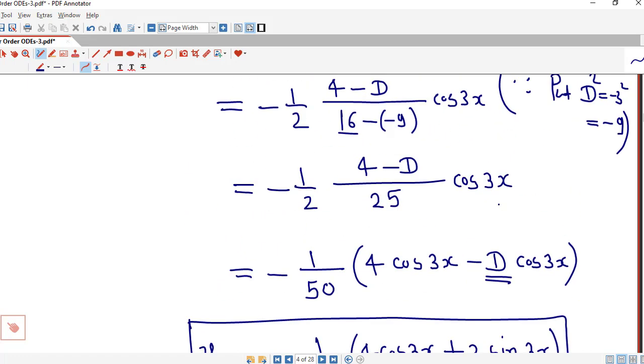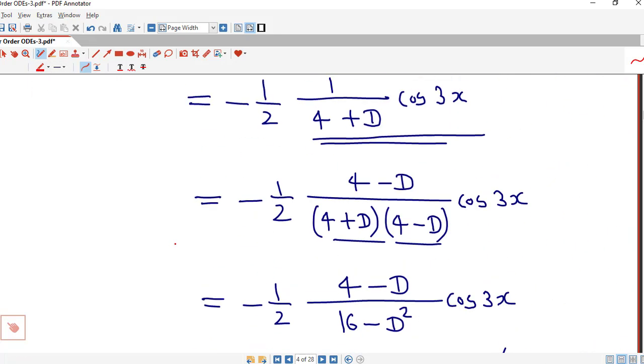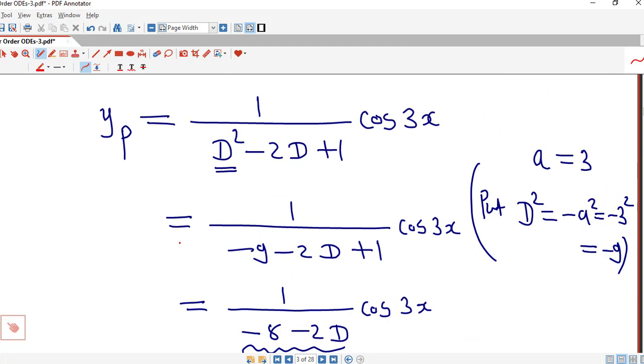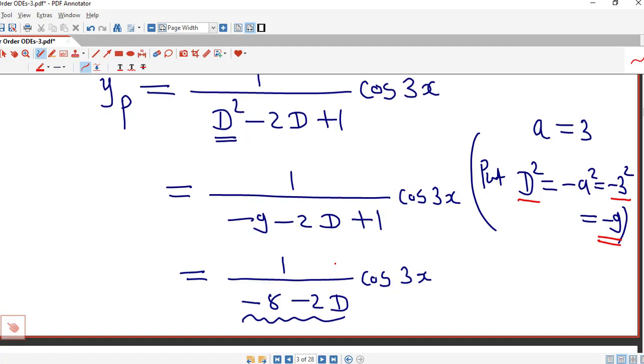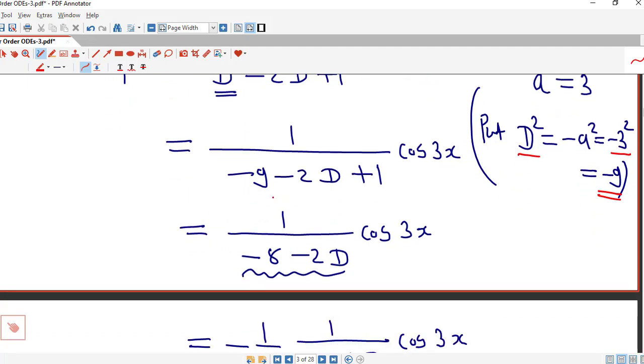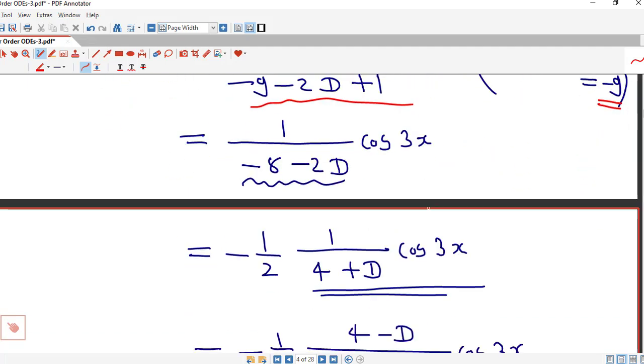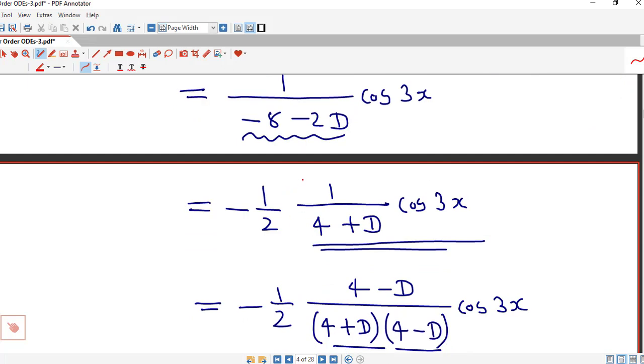So what is new here is that we have first replaced D square by negative of a square, that is minus 9. After replacing D square by minus 9 and simplifying, we obtain this term 1 over 4 plus D cosine of 3x, but there is no D square term here.